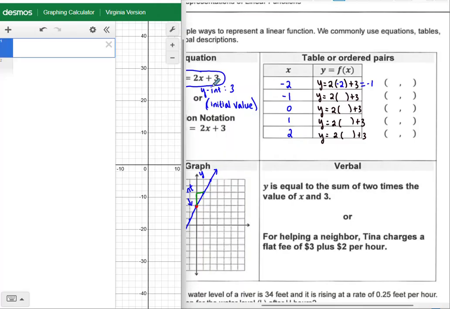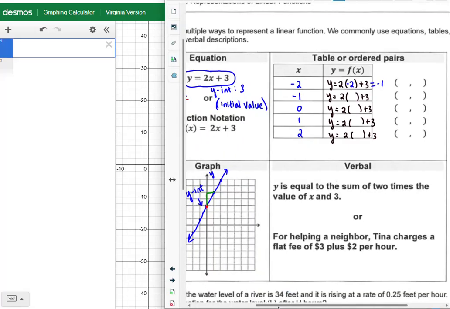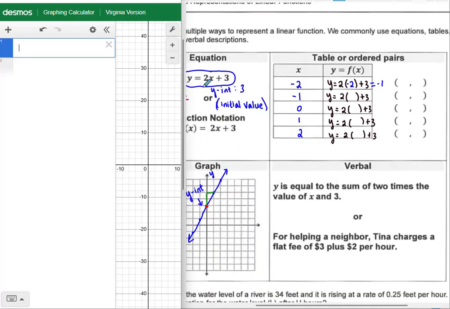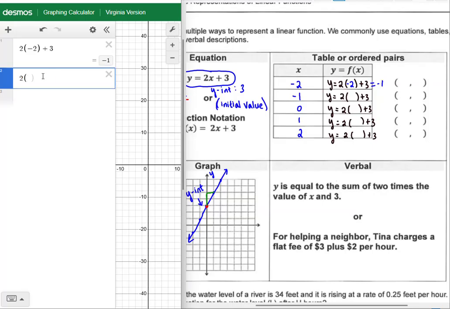So you have your equation, which is 2x + 3. And then when we're plugging in numbers, we like to use parentheses. And the x that I'm plugging in is -2, because that's what I have there, +3. And the value is -1. So we can do the same for the rest of them.